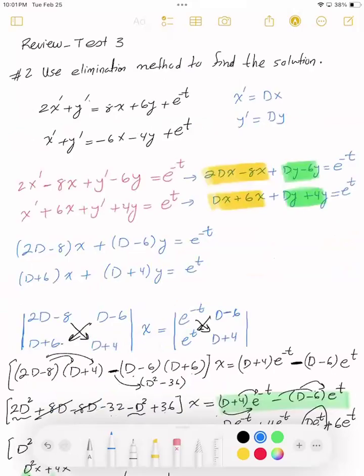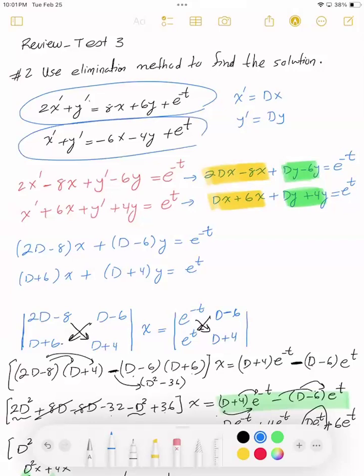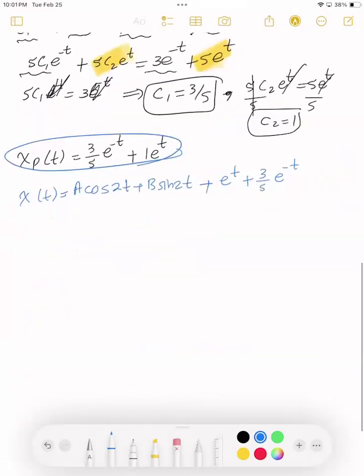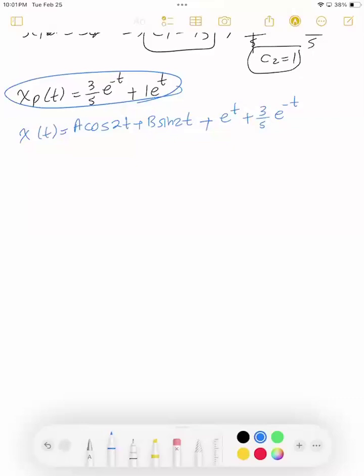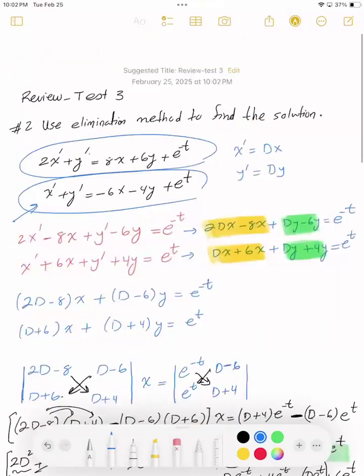here we take this equation first. This one or this one. I think it's easier to take this one. We have x prime plus y prime minus 6 plus 6x plus 4y is equal to, and maybe move the last term over, we have minus e to the power t.